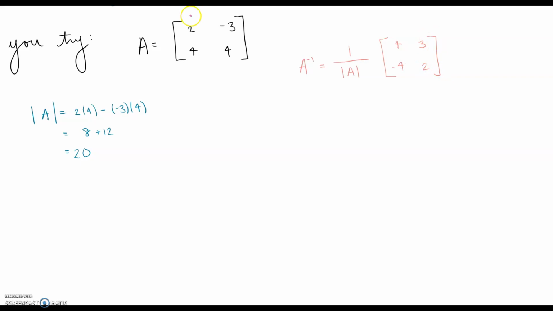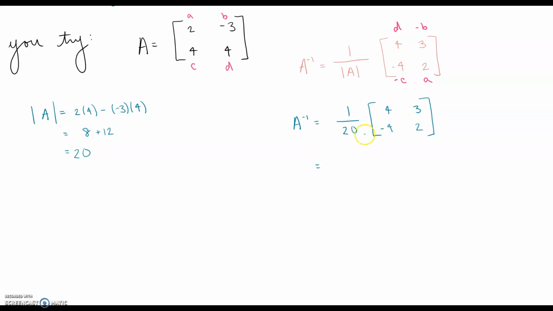So remember, we go from A, B, C, D to D, negative B, negative C, A. So applying this, the inverse of A is going to be 1 over 20 times 4, 3, negative 4, 2. I guess we're generalizing it. I wouldn't have written that.